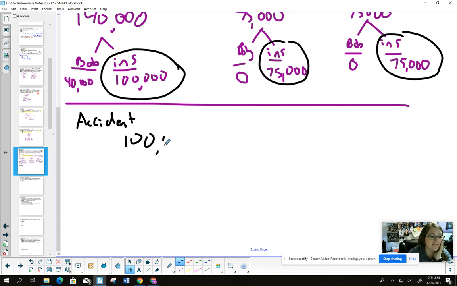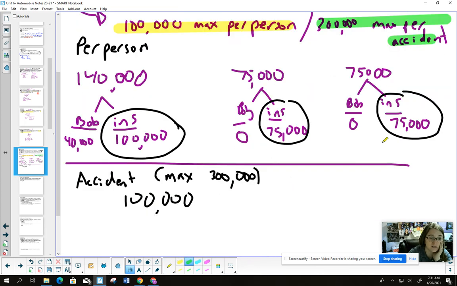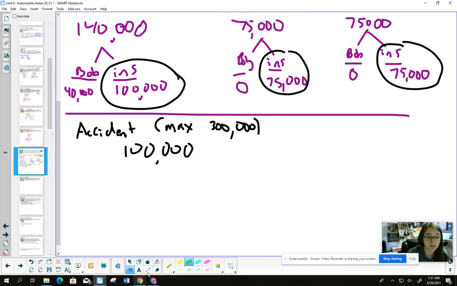However, we have to double check that this total does not come out to be more than $300,000. Again, that's the max for the accident now, is $300,000. So we need to double check that first, because yes, again, on an individual level, it could look like the insurance company is covering most stuff.